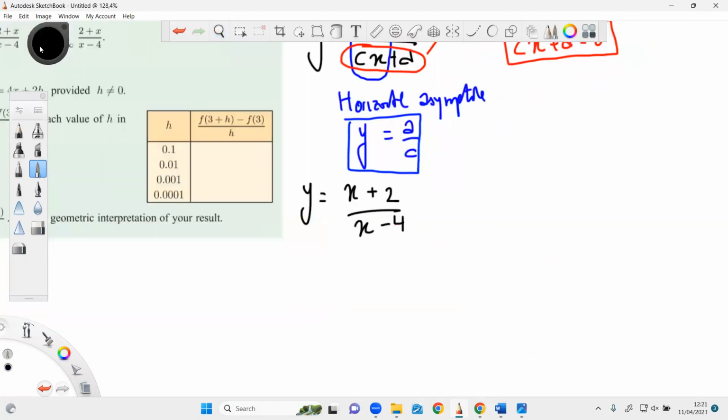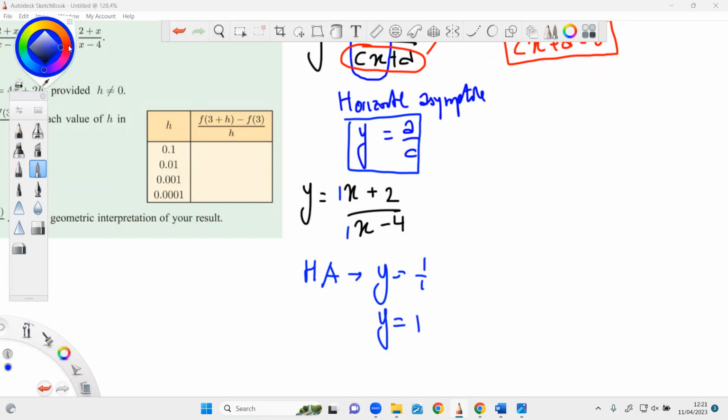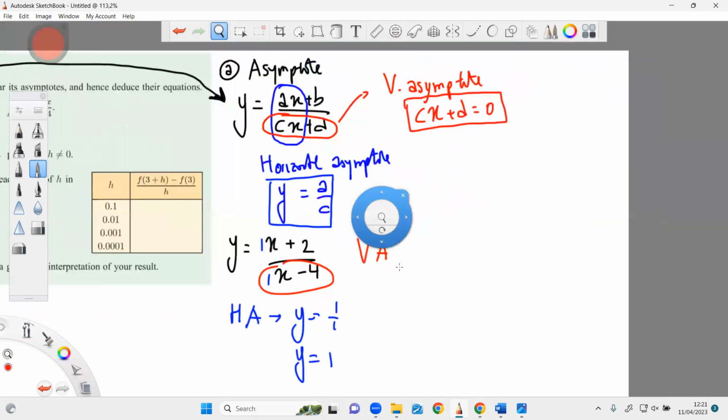Mention the horizontal asymptote. Y equals a over c, 1 over 1, y equals 1. Where the vertical asymptote here, let's follow the formula. X minus 4 equals 0, x equals 4.